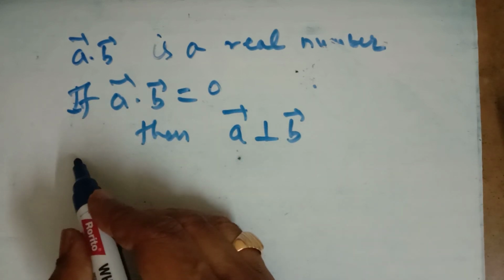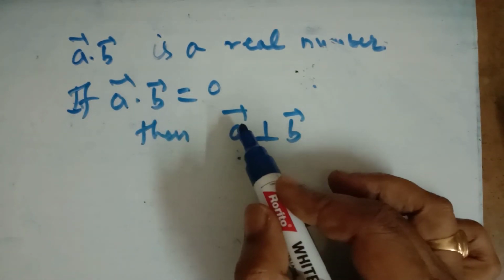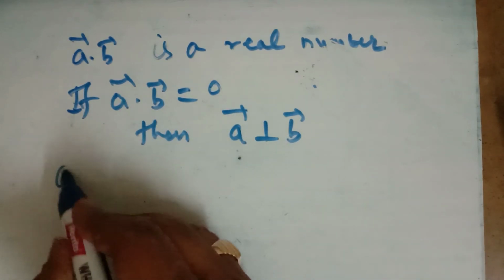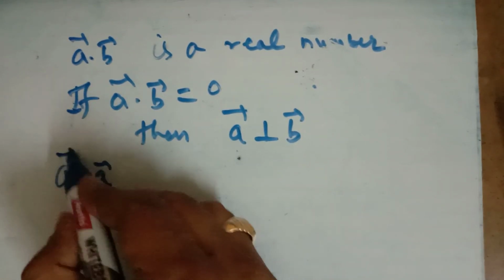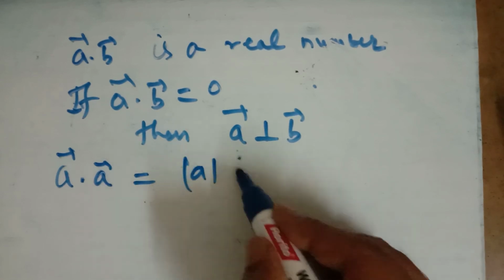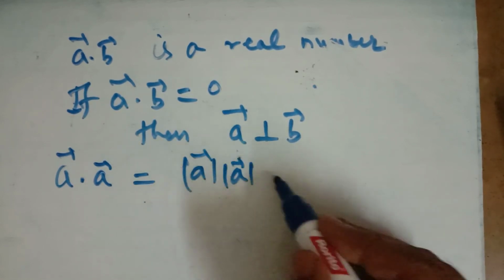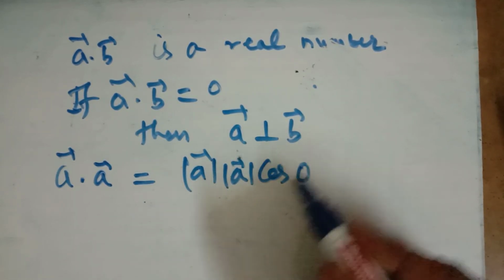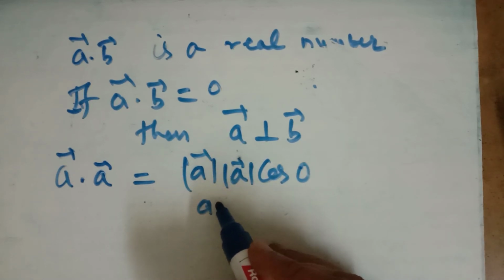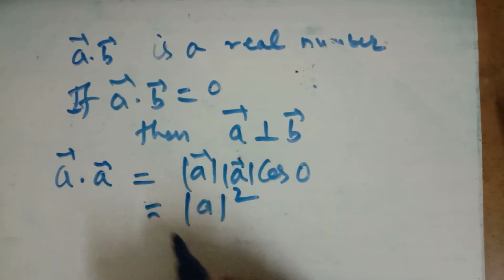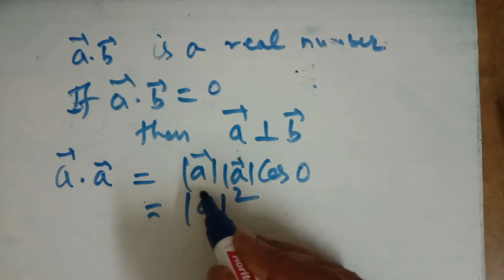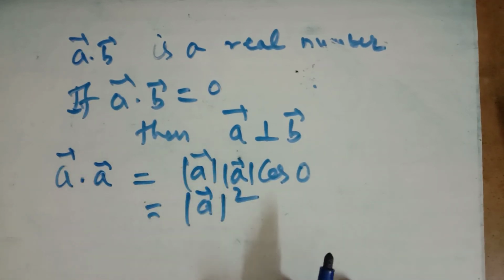And if theta is equal to 0, then naturally a dot b is equal to modulus of a into modulus of b. For the scalar product of the same vector, the angle between them is 0, so modulus of a into modulus of a will be modulus of a square.